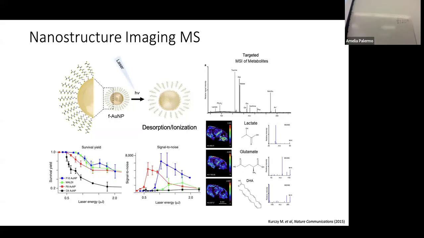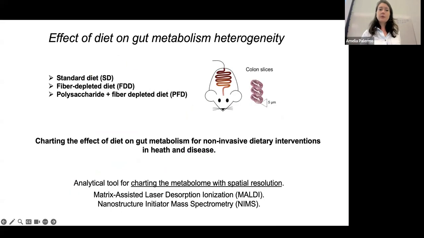As you can see here, it's not only that, because it allows us to measure things that normally with a classic MALDI matrix are very difficult to measure, like glutamate, lactate, polar metabolites, together with, for instance, lipids within the same run.